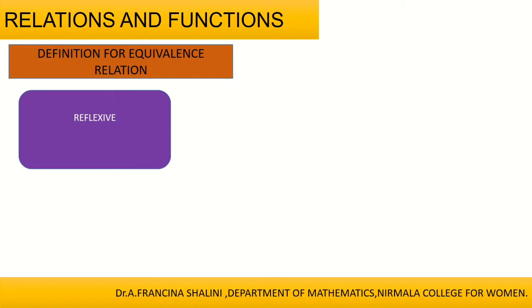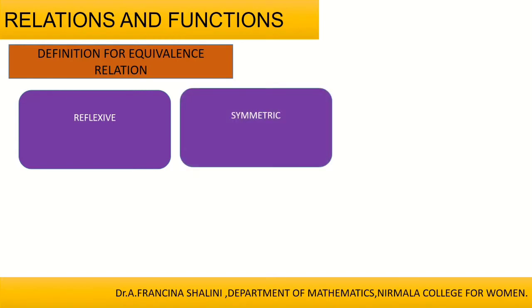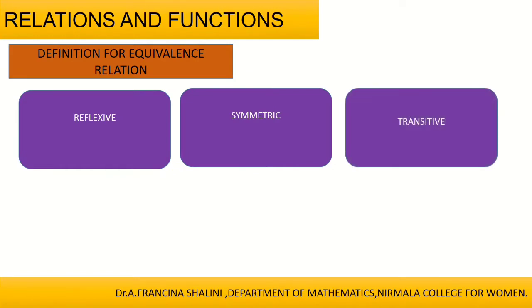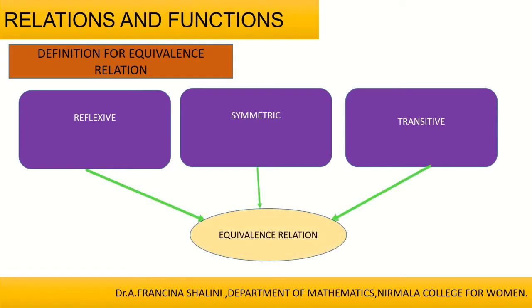Reflexive condition states that if A is conjugate to A in a set A, then the relation is said to be reflexive in A. And symmetric, if A is conjugate to B and B is conjugate to A in a set A, then the relation is said to be symmetric in A. Transitive, if A is conjugate to B and B is conjugate to C, then A is conjugate to C in the set A, then the relation is said to be transitive in A. So a relation which satisfies all the three conditions, that is reflexive, symmetric and transitive, is said to be an equivalence relation.